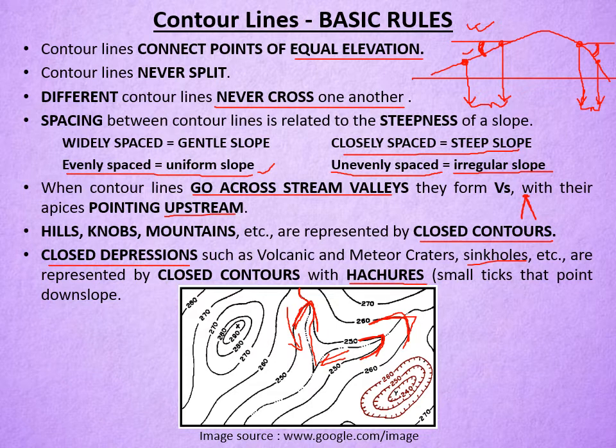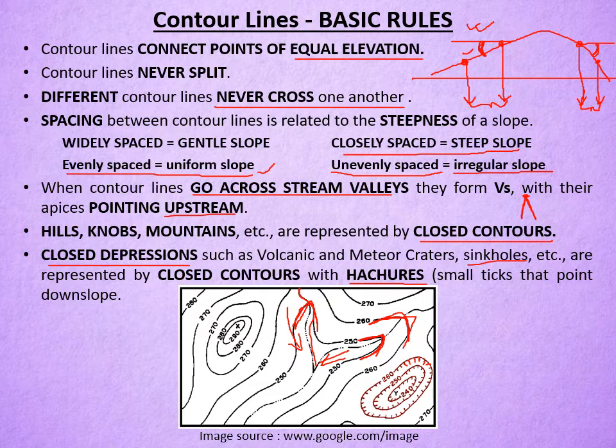You can see in this part all these smaller ticks perpendicular to the main contour line, these are known as hachure marks, and these hachure marks in your contour map definitely indicate that although it is a closed contour pattern, it is a depression, a basin or a sinkhole.